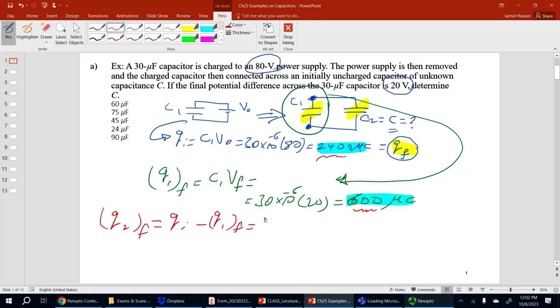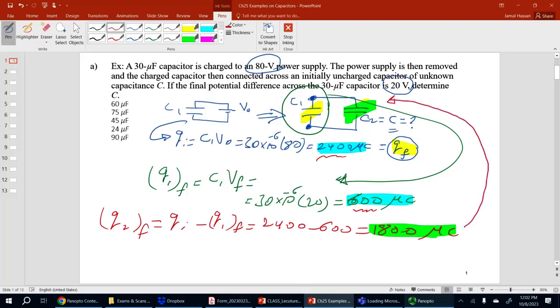So basically we have 2,400 minus 600, which is equal to 1800 microcoulomb, right? This will be the charge on capacitor C2, the charge accumulated on each plate of capacitor C2.